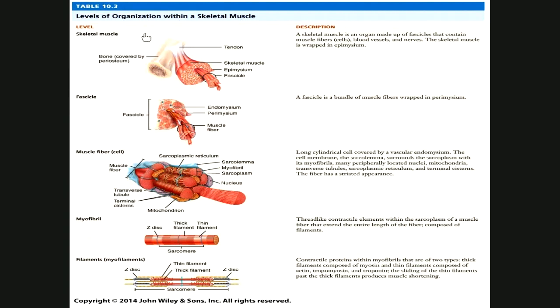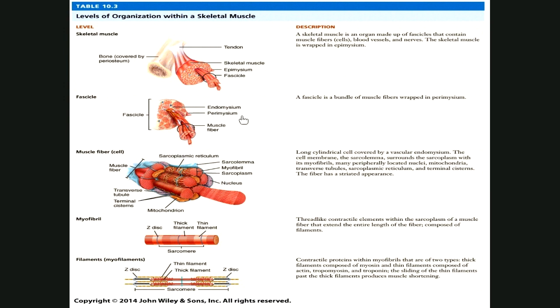So we start with the skeletal muscle itself, and the connective tissue around that would be the epimysium. The epimysium surrounds these bags called fascicles, which contain bags of muscle cells. The connective tissue around the fascicle is called the perimysium.